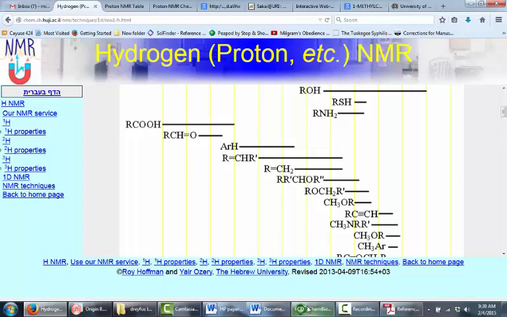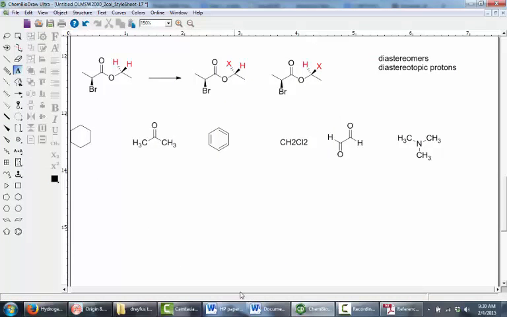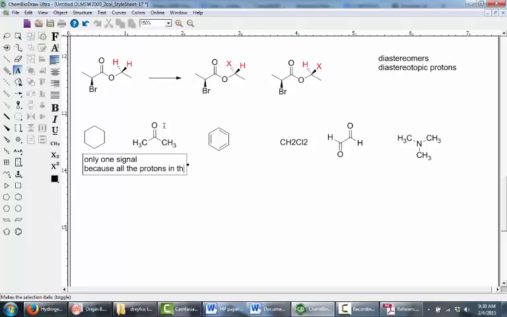We're going to do a few examples now, trying to predict where NMR signals for protons would appear in the molecule. Starting on this side of this ChemDraw file, this cyclohexane has only one proton signal, because all the protons in the molecule are chemically equivalent.